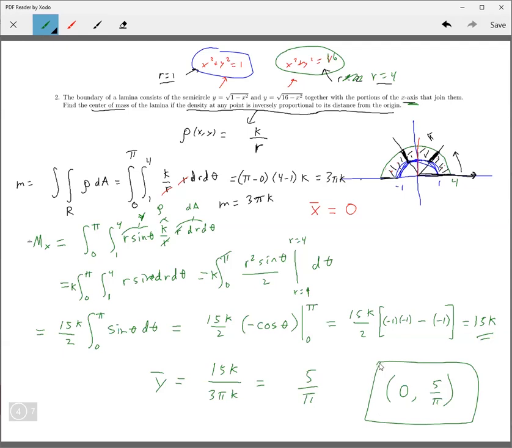And then you can also think, does that make sense? Maybe take a calculator and figure out where 5 over pi is. It's probably somewhere right here. But then again, I really messed this up.